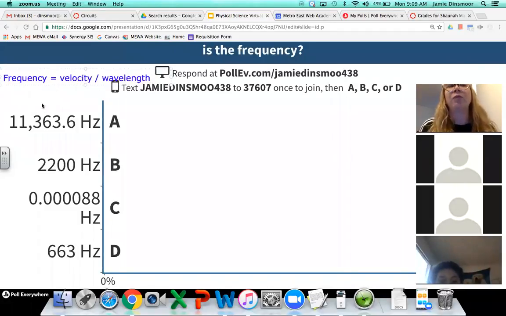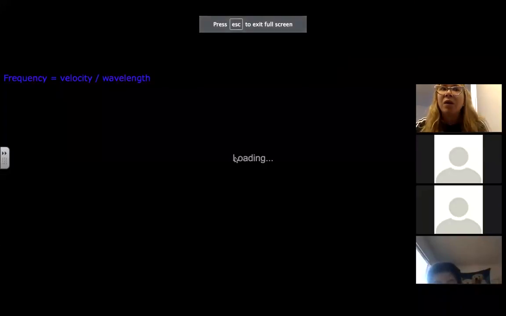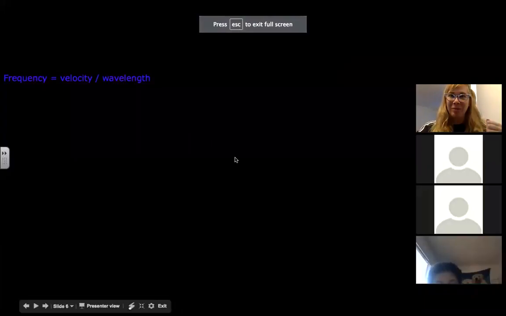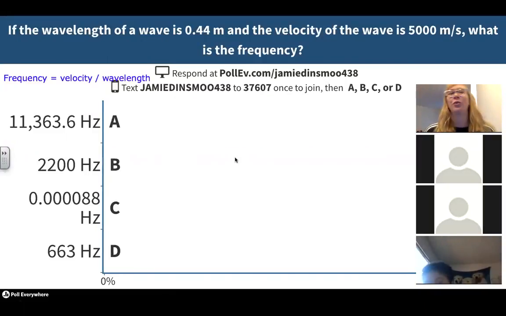Okay, so there's the formula: frequency is equal to velocity divided by wavelength. And here's your question. Oops, I blocked the question, didn't I? Okay, now we're gonna be in business. Formula is there, question is there, answer choices are there. Take a second to solve this and then go to this website and click whether you're picking A, B, C, or D. I'm gonna give you guys a couple of minutes to do that.